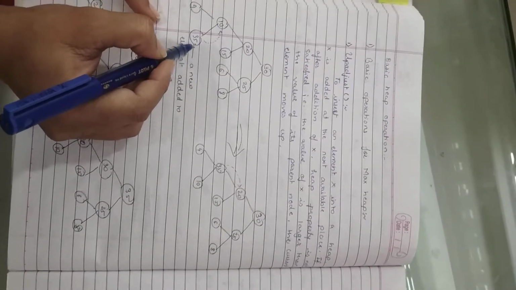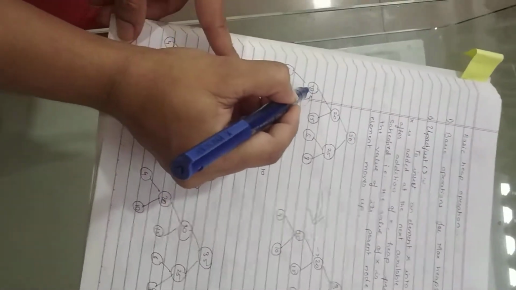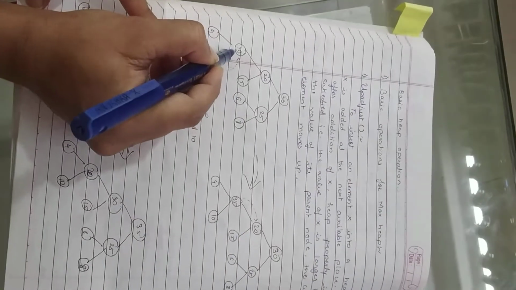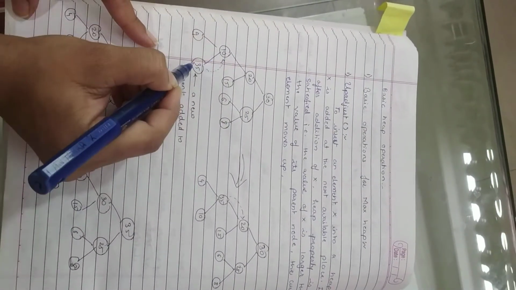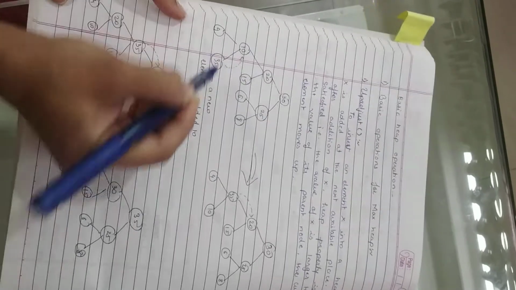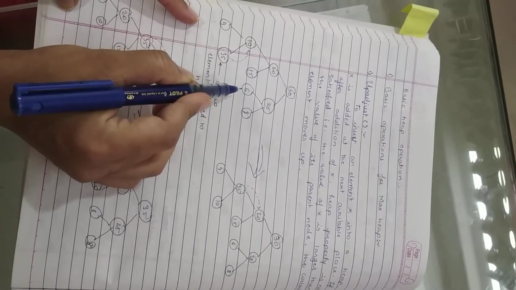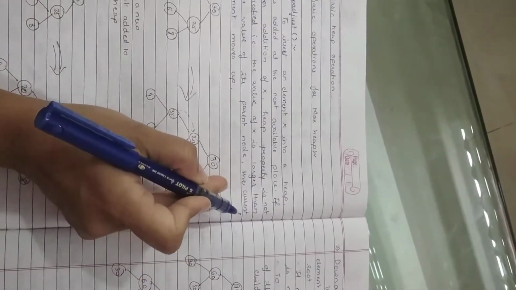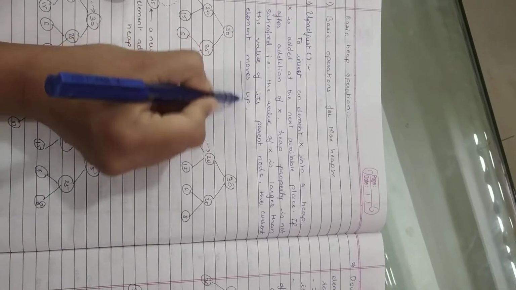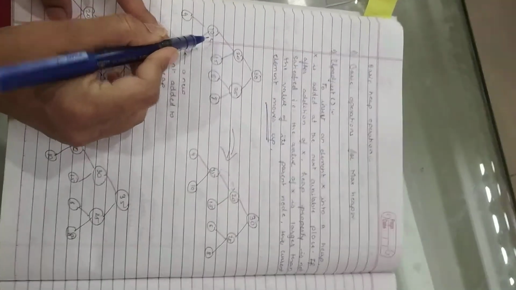But what is the property of max heap? The max heap property is that the parent node should have a greater value than the child node, but here the parent node has 10 and the child node has 35. To satisfy this property we need to move this child up in the tree.